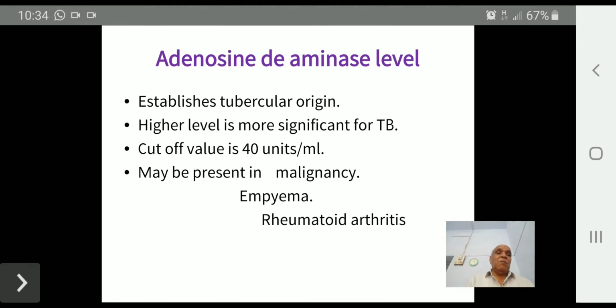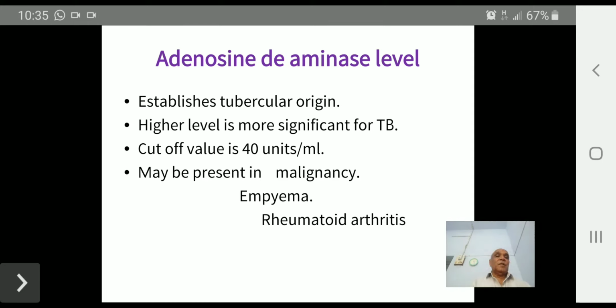If the ADA level is higher than 40 units per ml, the chances of TB are more. A high level of ADA is more significant for tuberculosis origin, but ADA level may be high in malignancy, empyema, and rheumatoid arthritis, though it is roughly in the normal range between 35 to 45 units.